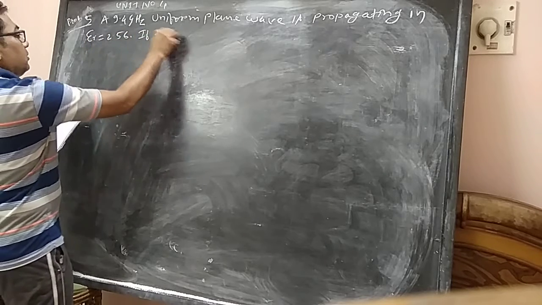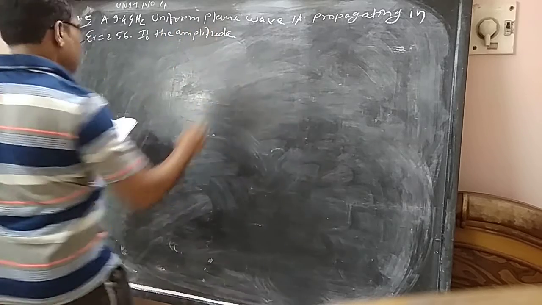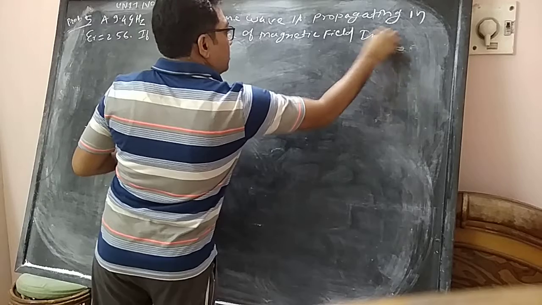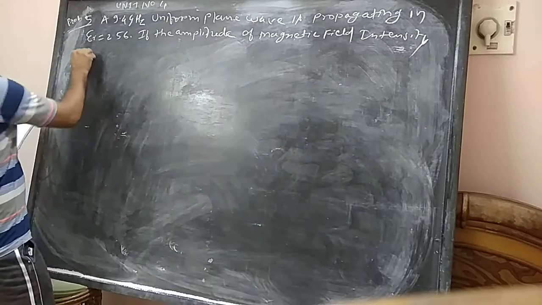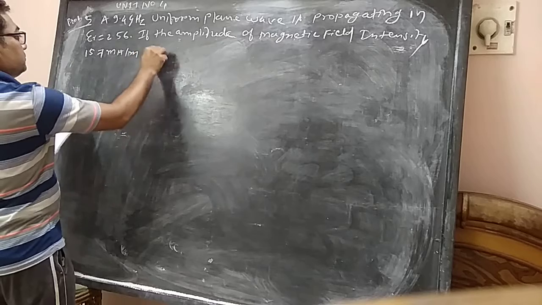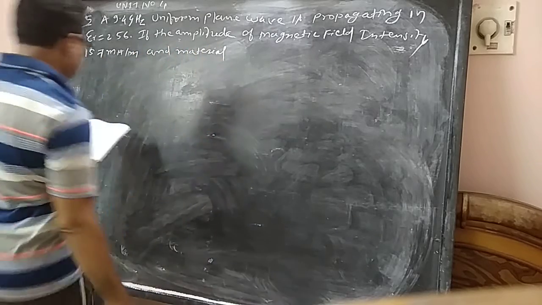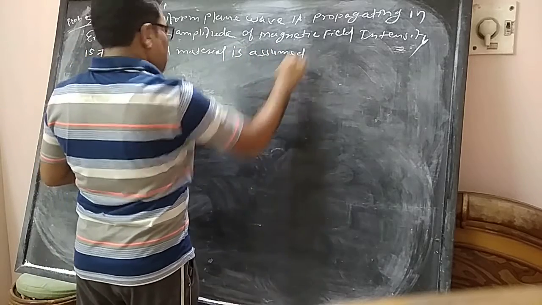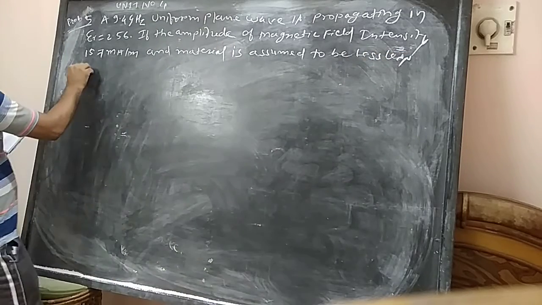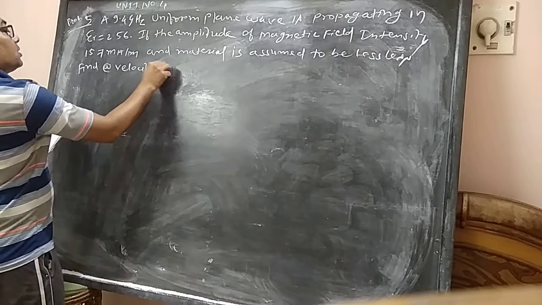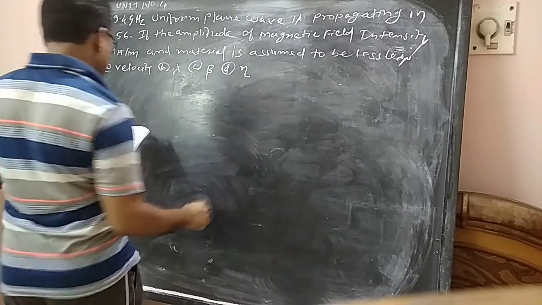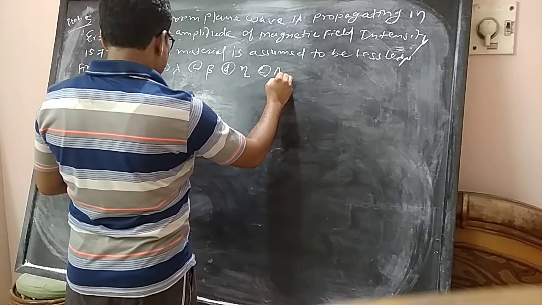If the amplitude of magnetic field intensity is 7 milliampere per meter and the material is assumed to be lossless, find: A, velocity; B, lambda; C, beta; D, eta; E, amplitude of electric field intensity.